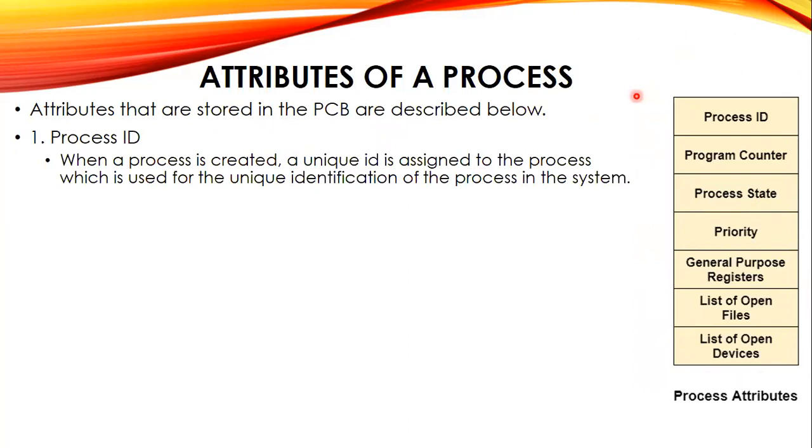But to learn the generic logic, I will explain this part to you. The process control block is a kind of data structure that holds all the information related to a process.